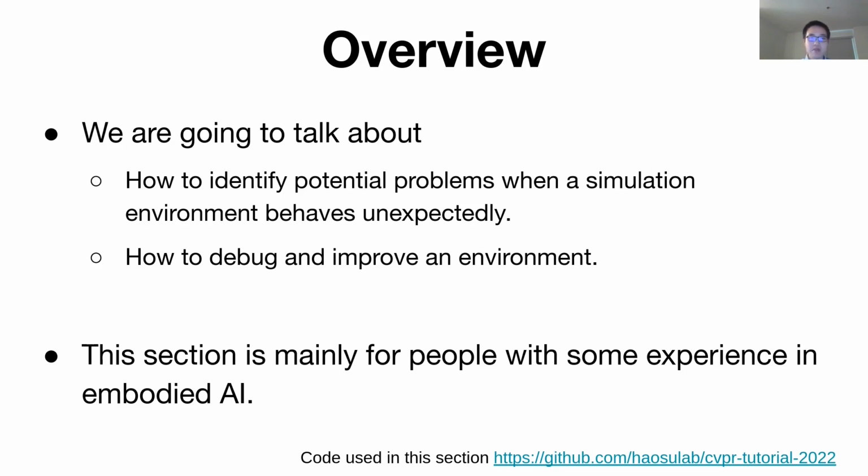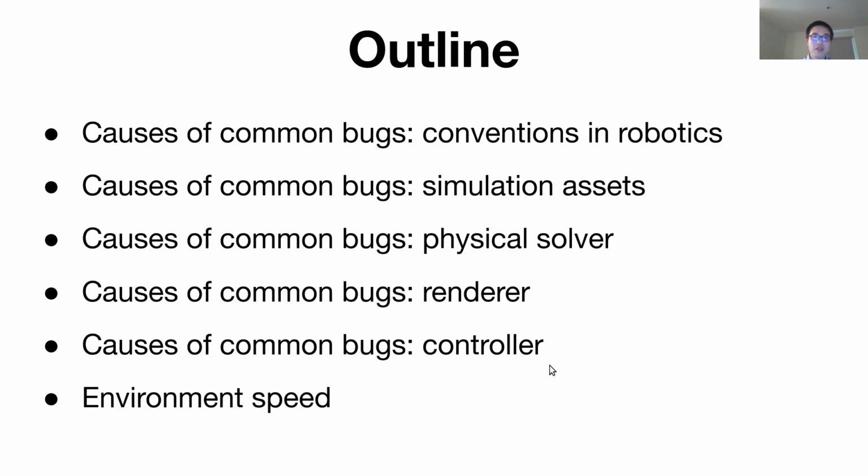And this section is mainly for people with some experience in embodied AI. This section is divided into 6 topics: conventions in robotics, simulation assets, physical solver, renderer, controller, and some comments on environment speed.